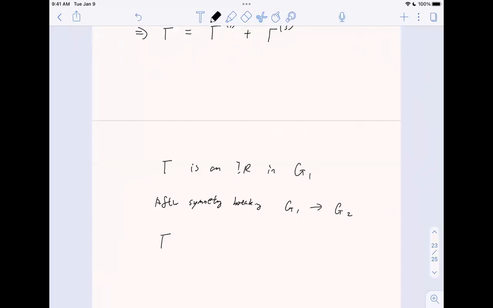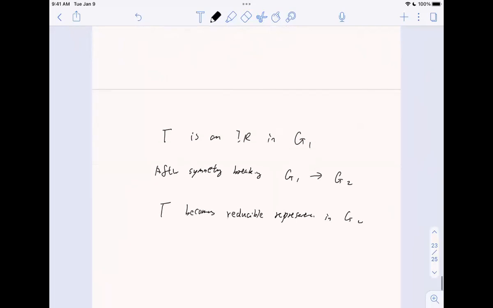Then gamma 1 becomes a reducible representation in G2. So how will the degeneracy be lifted?